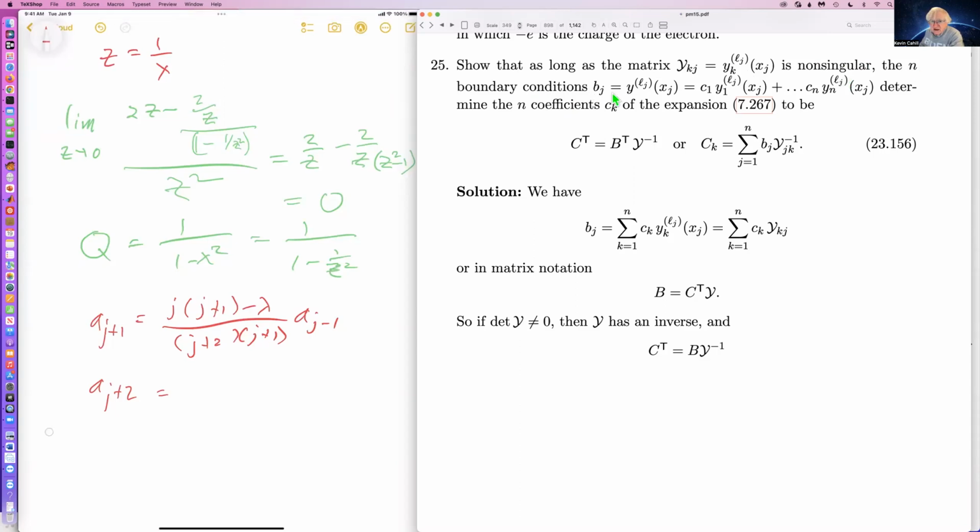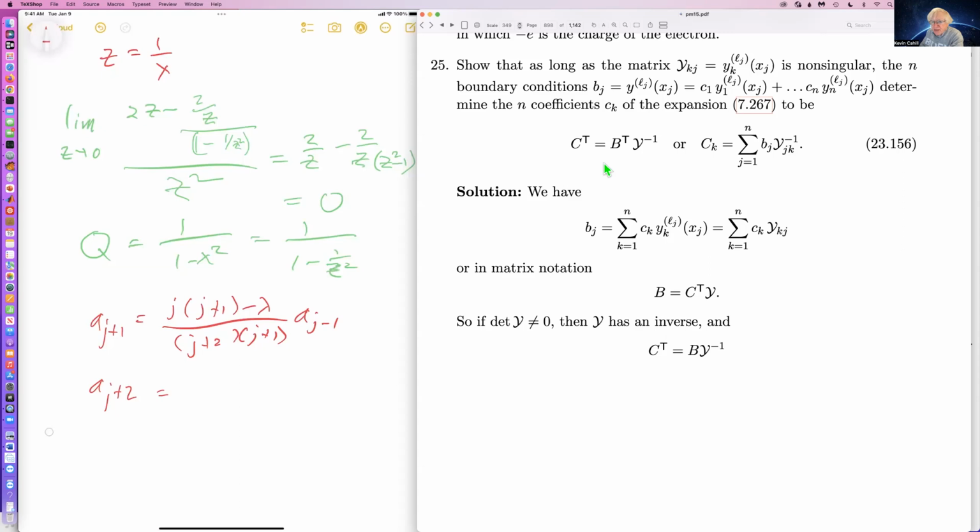So then we have these n boundary conditions. No, we're not summing over j. It's that y is equal to c1 y1 plus and so forth, cn yn. And so this is the b_j equals that.